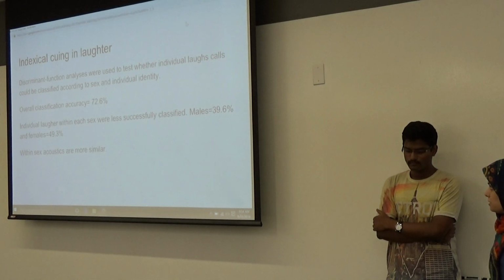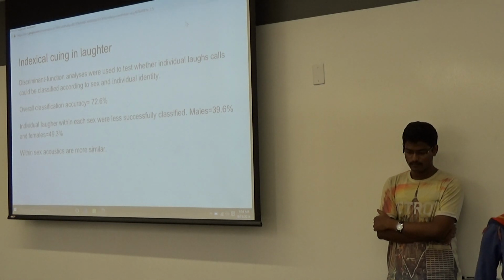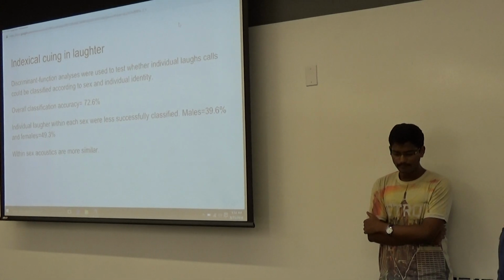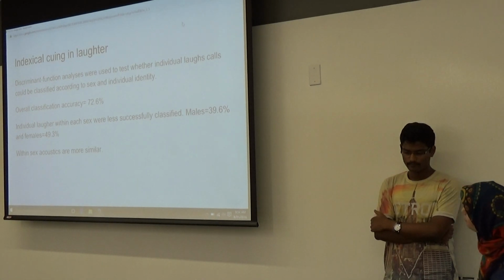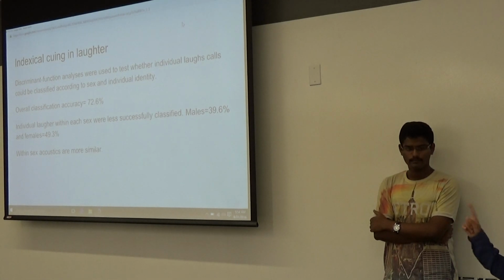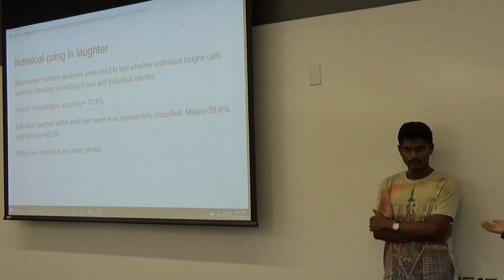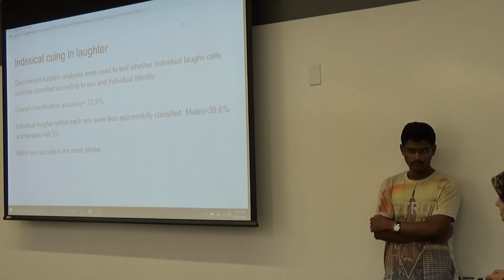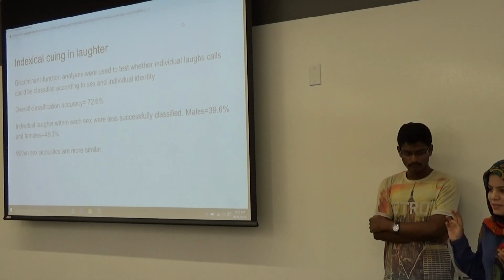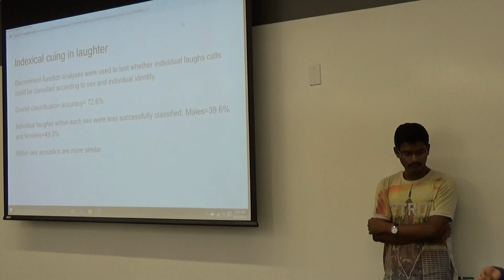They show that there are indexical cues in laughter. One thing I noticed is that they said the overall classification is 72%, which is high, but the baseline is 50%. For males, it's near 40%. They say it's not as high, but the baseline here is 5% because they have about 20 males.